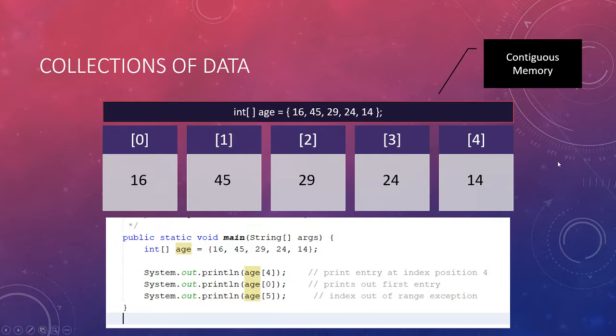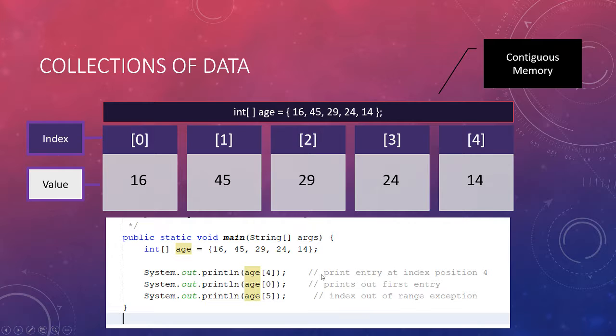That means all of the array must fit together. It's not going to let it be split up into different chunks of memory. The index positions are shown here, and then the values that were assigned to each of those entries in our array. You can see first we had a 16 and a 45 and the 29, the 24 and the 14. So those are the values that got added to our array.